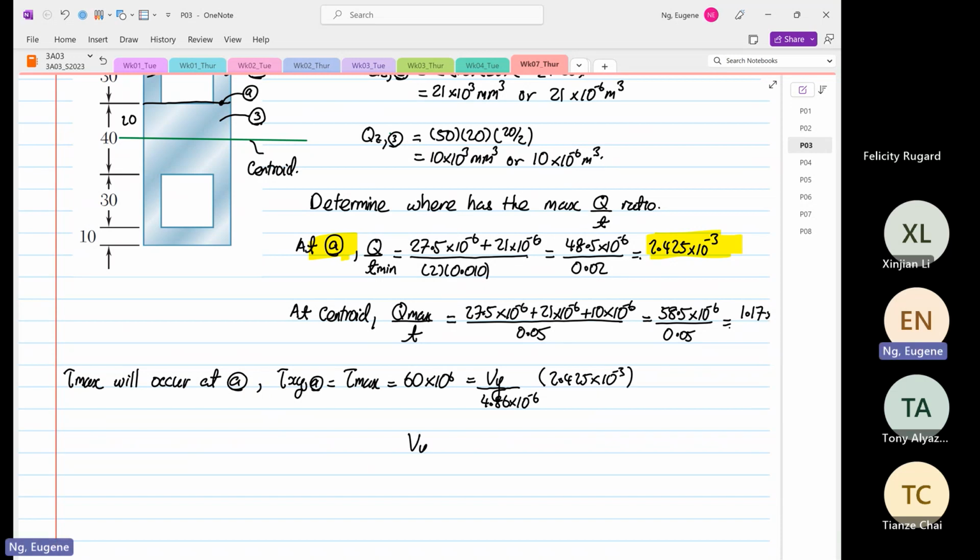So from here, Vy will be equal to 60 times 10 to the power 6 multiplied by 4.86 times 10 to the power minus 6.